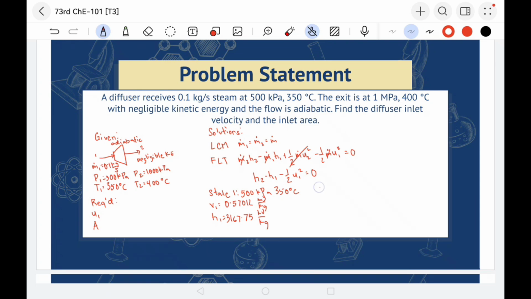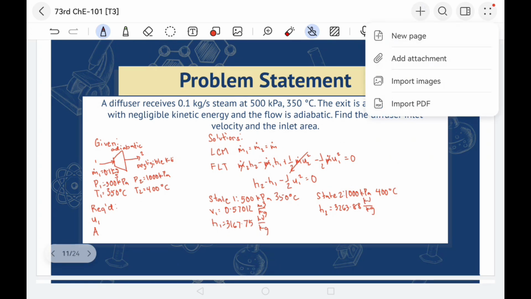And then looking at state 2, which is at 1000 kilopascals and 400 degrees Celsius, H2 would be 3263.88 kilojoules per kilogram. So let's move on to the next slide for the continuation of our solution.